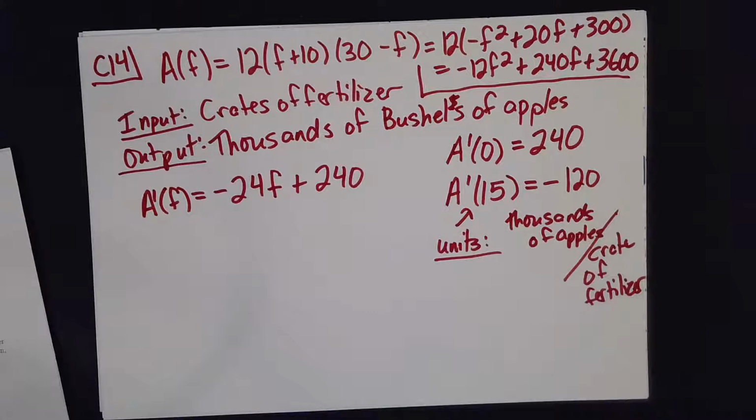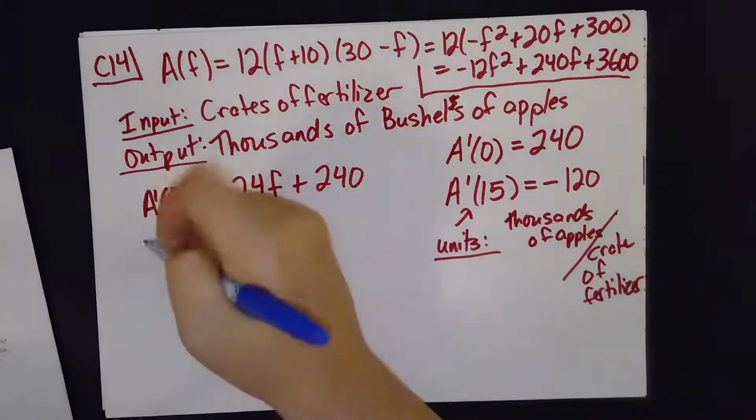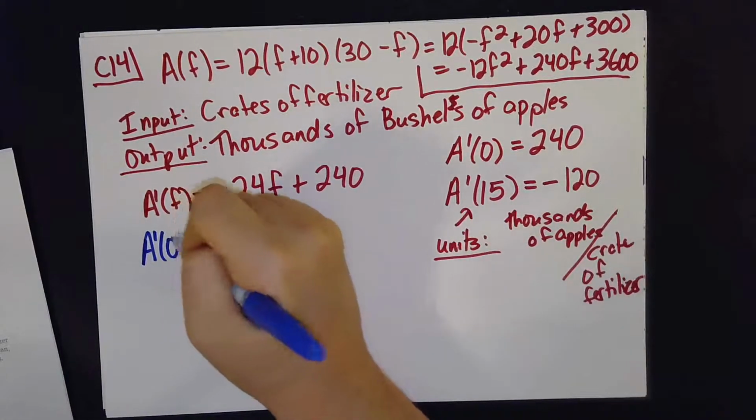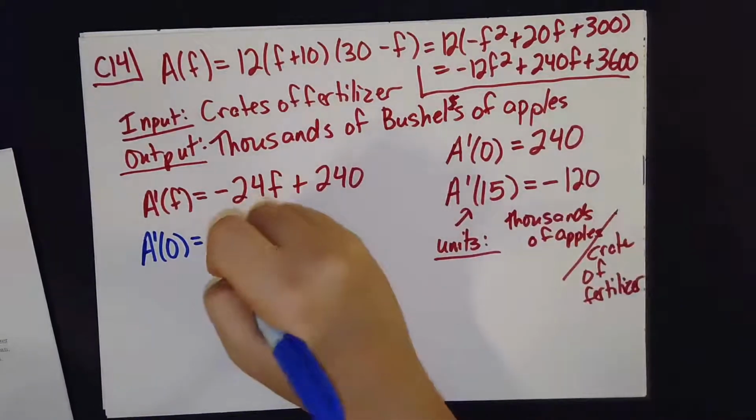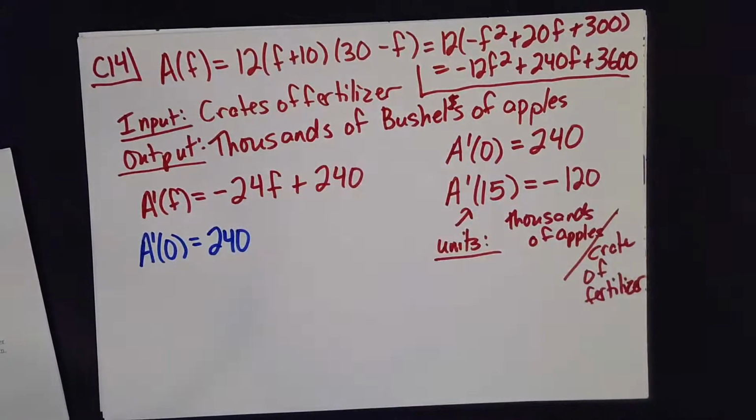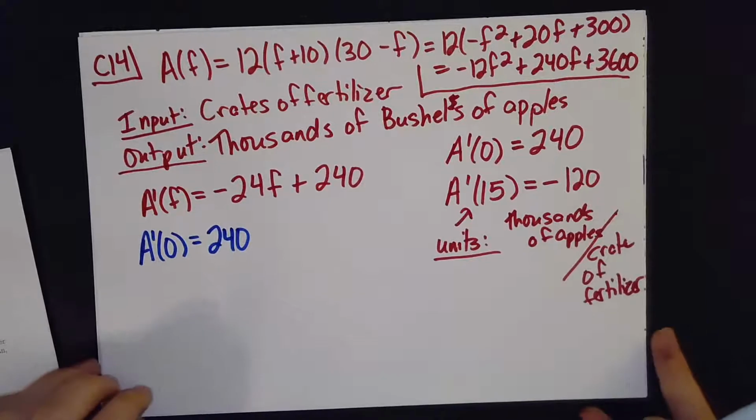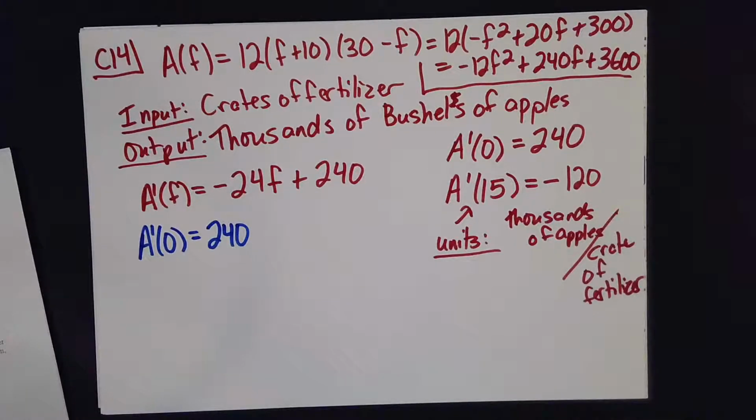So remember, derivatives are always telling us about change. When you look at something like a prime of 0 and see that it's 240, this is telling you how the output of this function will change with the input. In other words, the input here is an amount of crates of fertilizer.